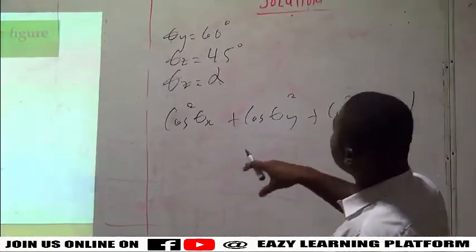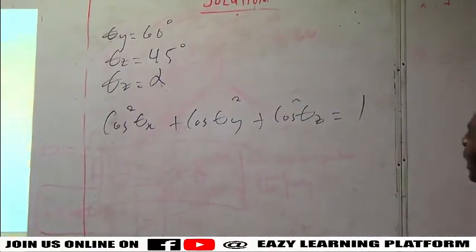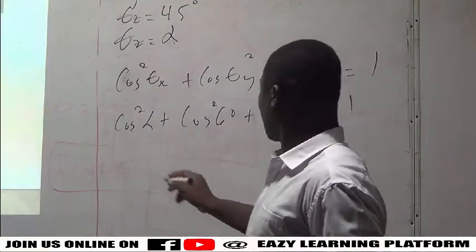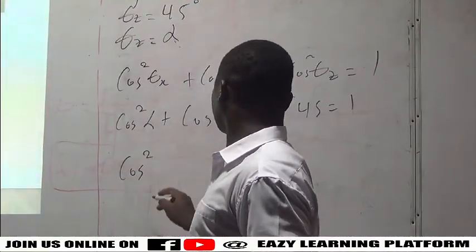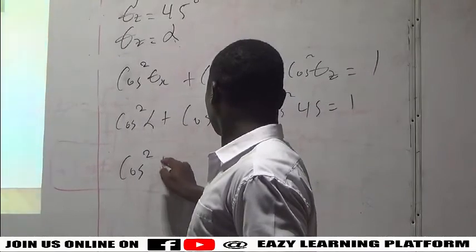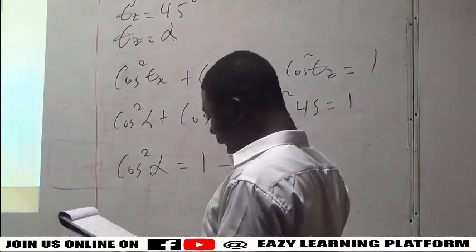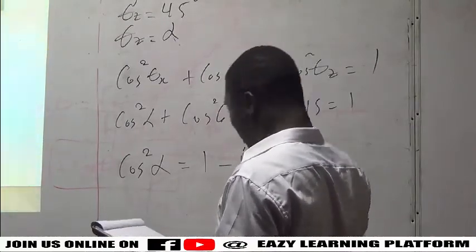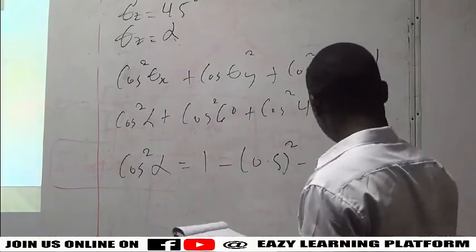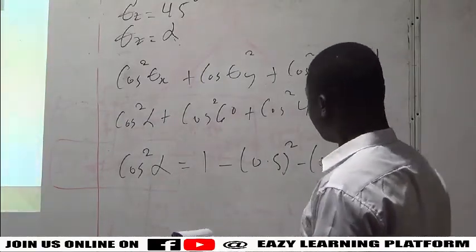So substituting the values of the angles into the equation, cos squared alpha is equal to 1 minus 0.5 squared minus 0.707 squared.